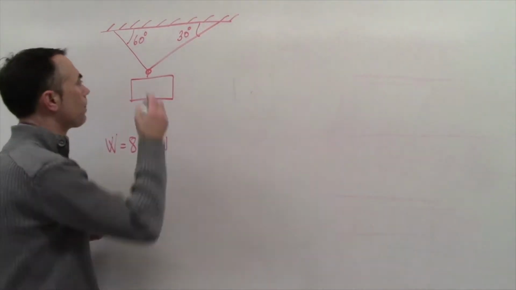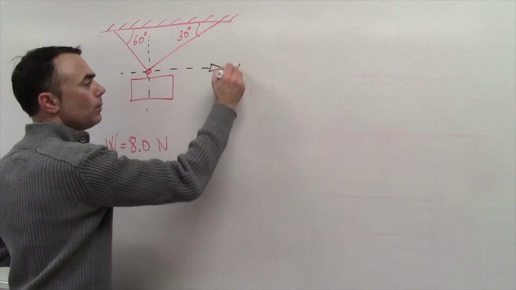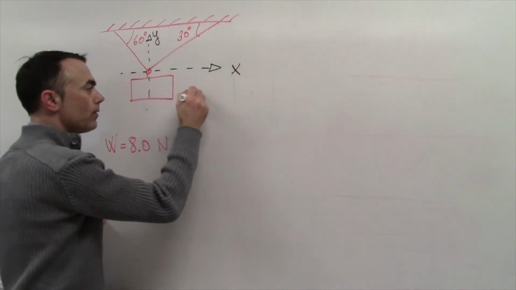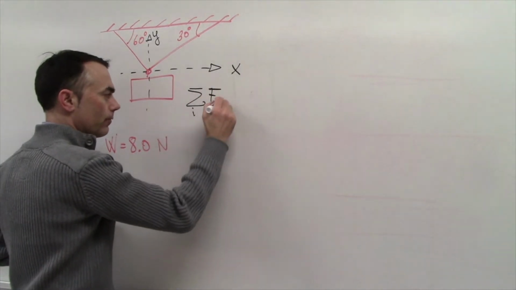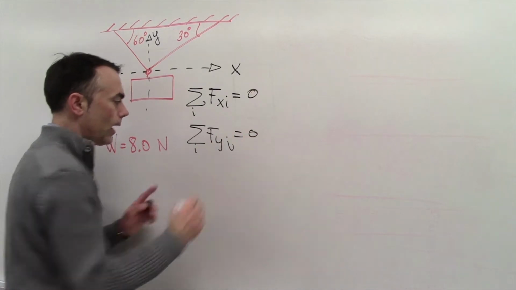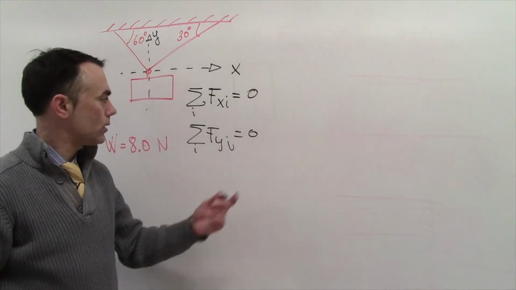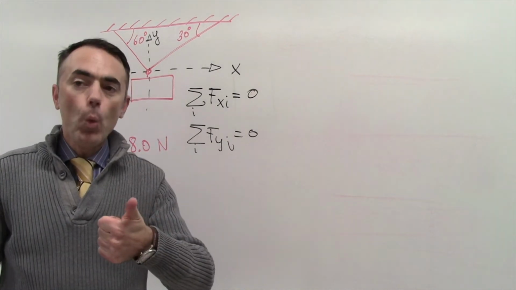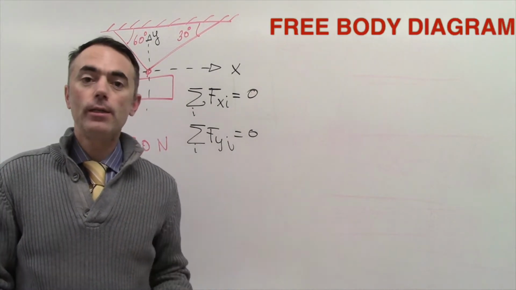So let's go. First of all, we define the axes. This will be the x-axis, this will be the y-axis, and I know that the sum of Fx has to be equal to 0, and the sum of all of the forces in the y-axis has to be equal to 0. Before starting, first step always, draw the free body diagram.